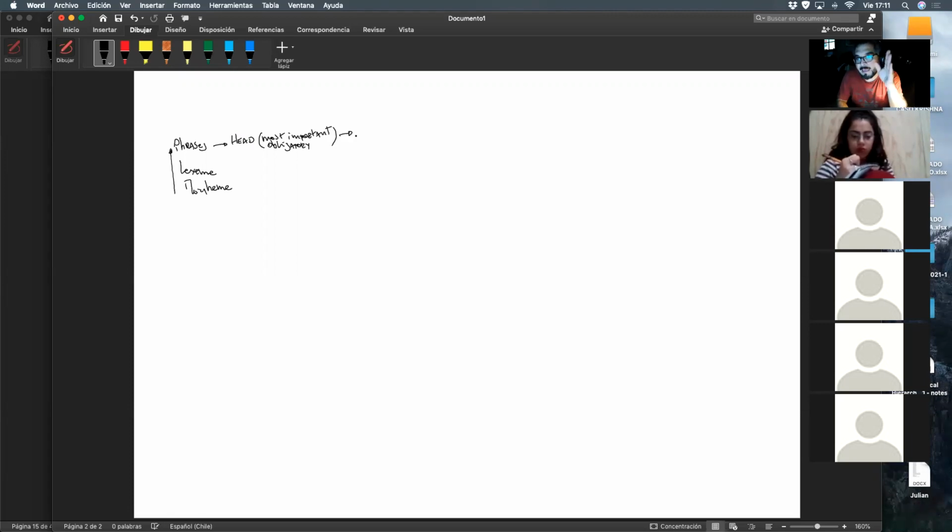Now, a head must be a lexical word, right? Therefore, as we have nouns, we will have noun phrases. Right? As we have adjectives, we will have adjective phrases.